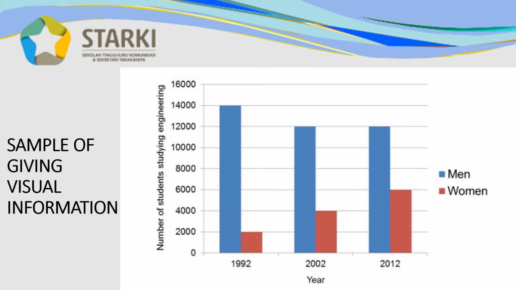The bar chart illustrates the number of men and women studying engineering at Australian universities between the years 1992 and 2012 at 10-year intervals.